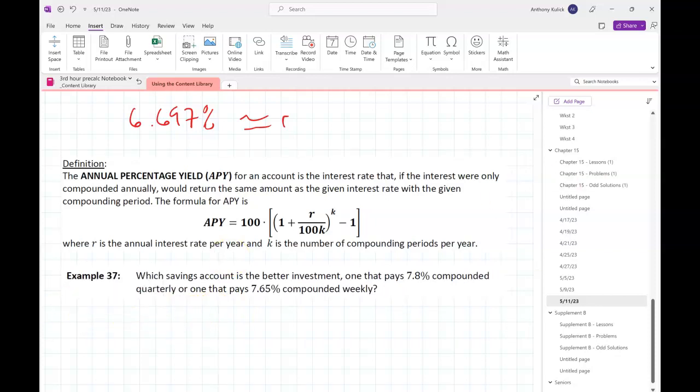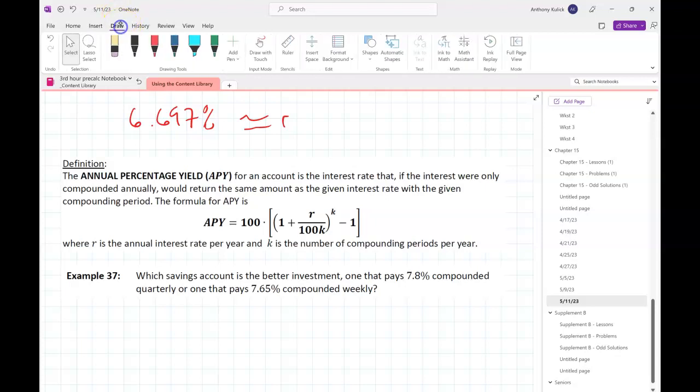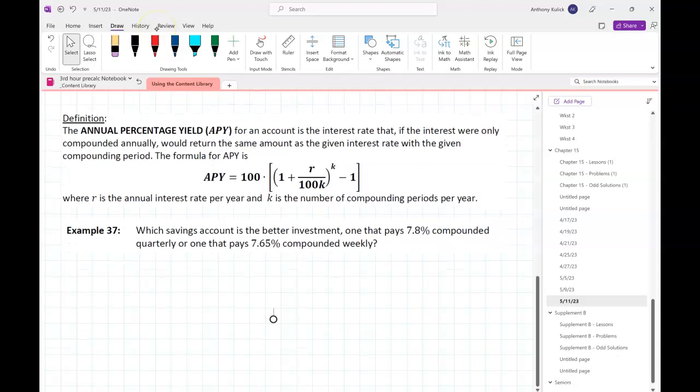Okay. So here, as an example, it says which one of these offers is the better investment. We have 7.8% compounded quarterly or 7.65% compounded weekly.